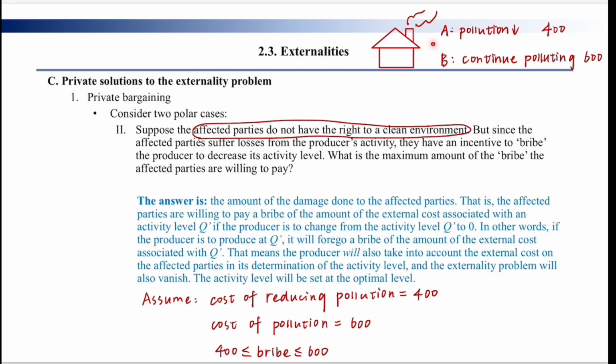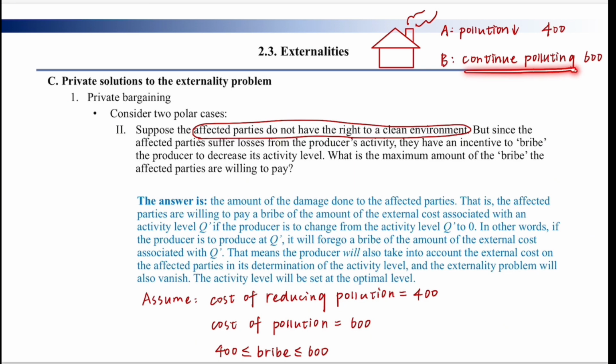The first choice is to accept the bribe and reduce the pollution. The cost of reducing pollution will be 400 Hong Kong dollars. It may be to introduce some new equipment or some new energy resources. The second choice is to continue polluting and not accept the bribe from others.